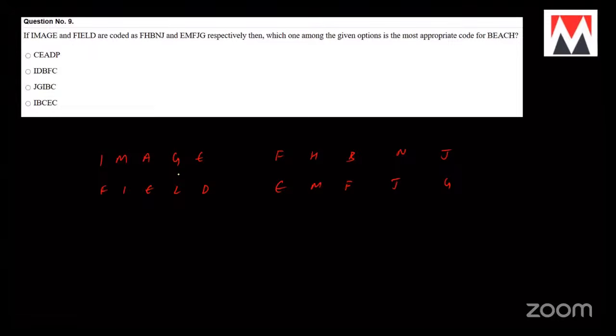How are they related to each other? Oh, sorry. I have changed the sequence. So the relation is FIELD, and this is FHBNJ.